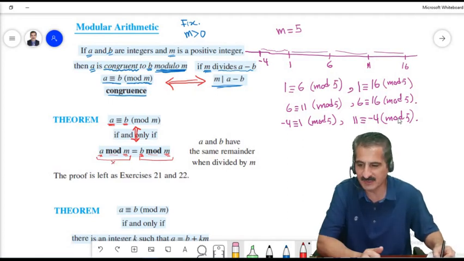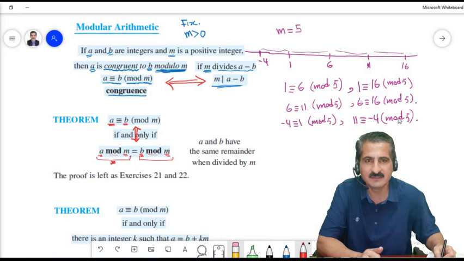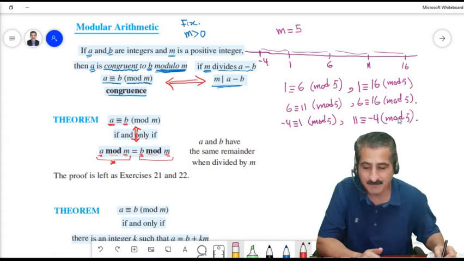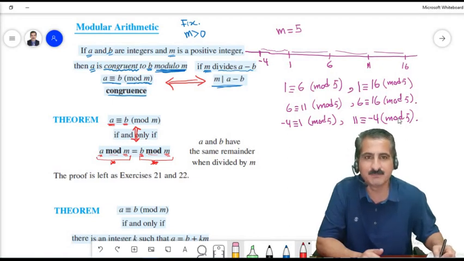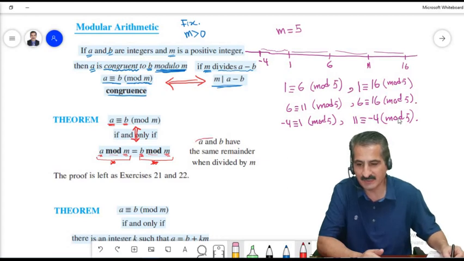This one here means the remainder after dividing a by m. And this one here means the remainder after dividing b by m. So this theorem says two integers a and b are congruent modulo m if and only if the remainder after dividing by m for each one of them is the same. So this is what we are saying here. a and b have the same remainder when divided by m.